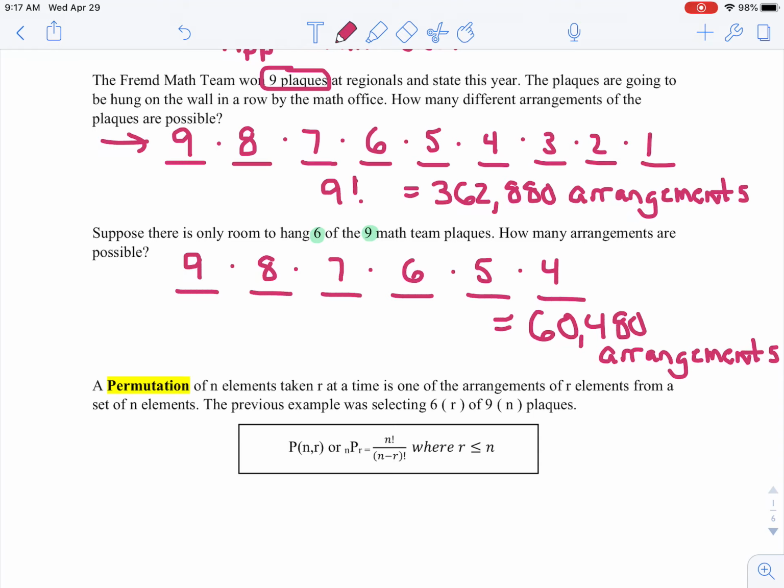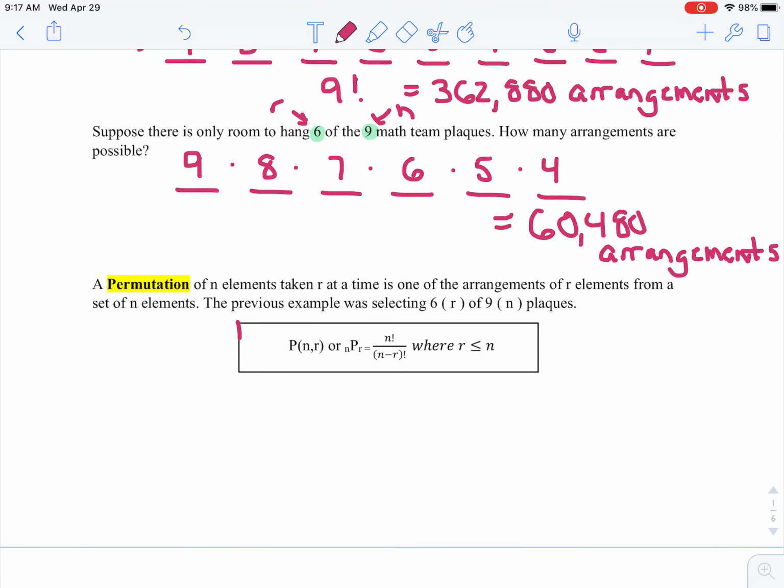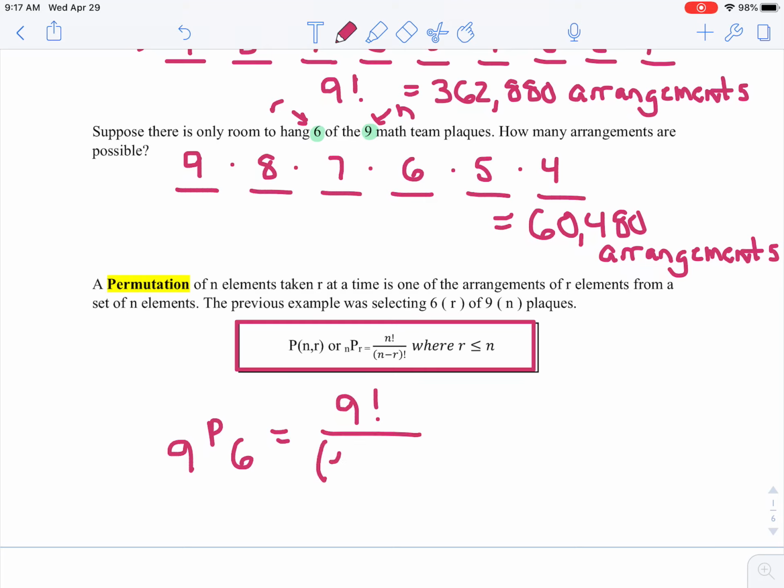With combinations, it didn't matter which one I picked first. With permutations, that order does matter. So this would actually be your n, this would be your r. So if you follow that formula here, 9 permutations of choosing 6 would be equal to n factorial, 9 factorial, over n minus r.